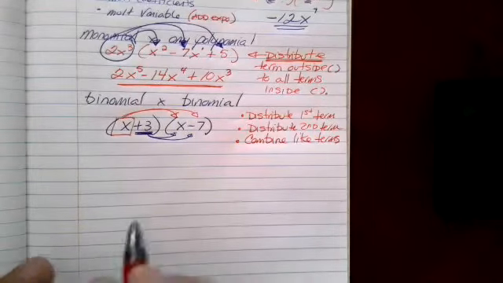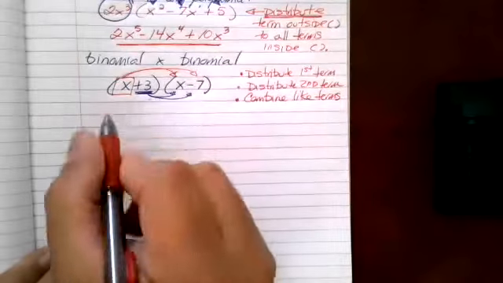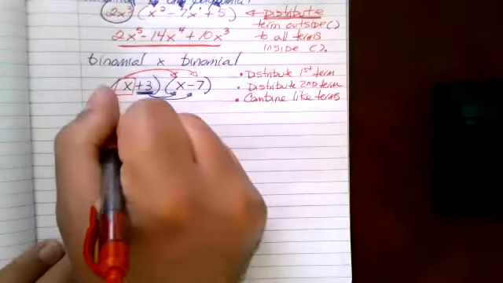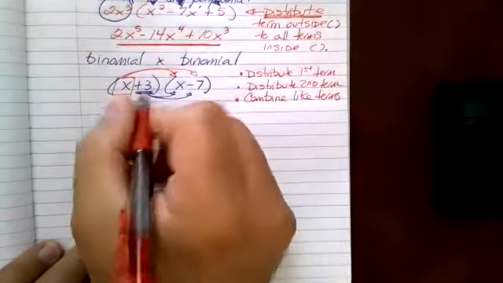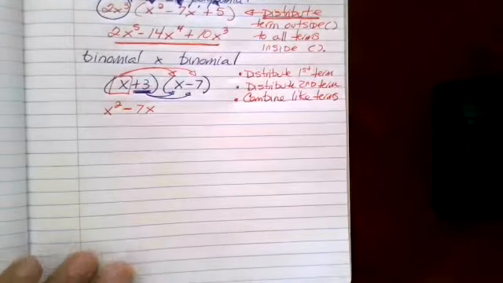I'll do it in 2 different colors so we can see. So here I have x times x, so that's going to give me x squared. And then x times a negative 7 will give me a negative 7x. So that's my first step.